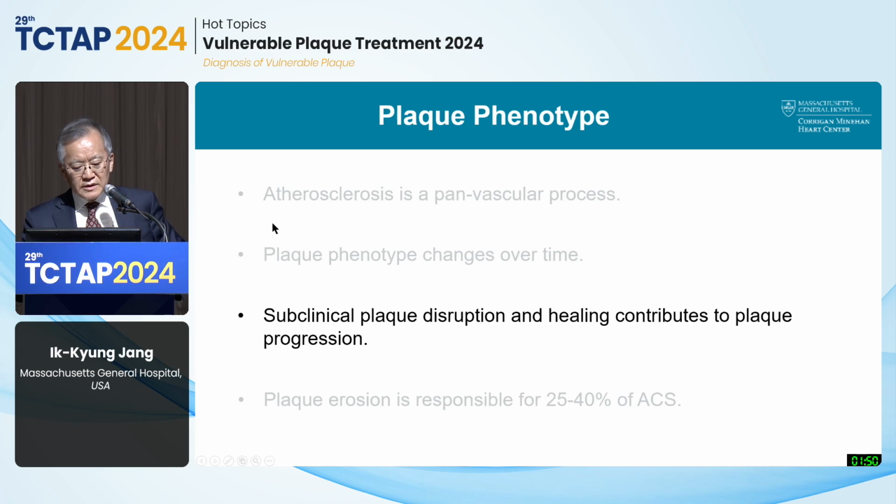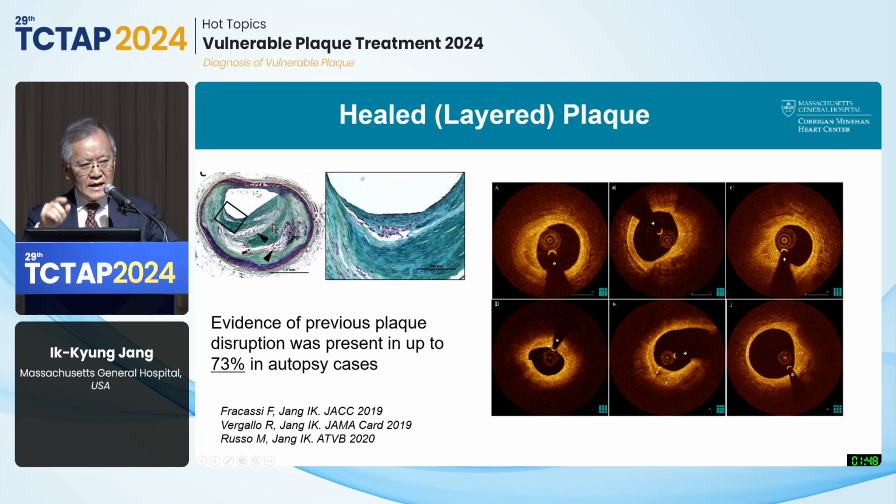So subclinical plaque disruption and healing has been known for a long time in pathology. 73% of people who died of cardiac etiology, when they look at the coronary plaques, they had evidence of previous plaque disruption. Some people have multiple episodes of plaque disruption. So we look at the prevalence of healed plaque in living patients.